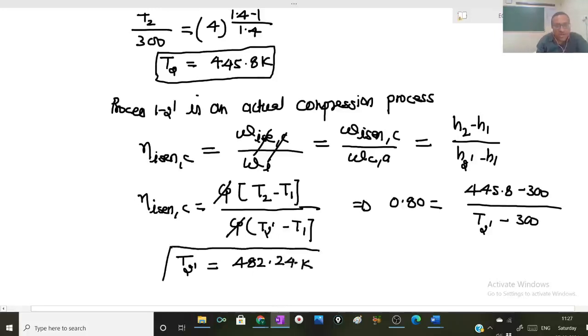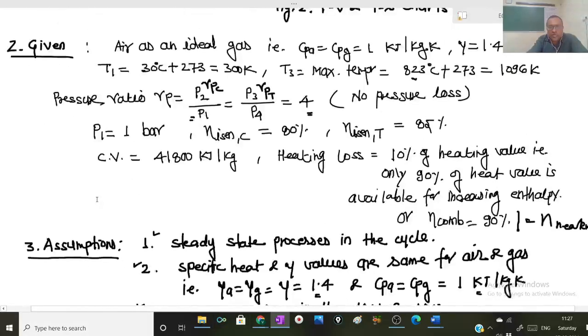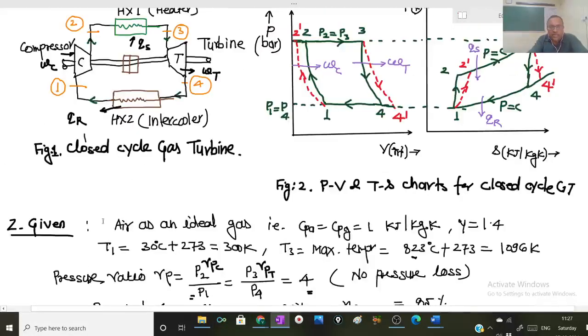So this is the required temperature after actual compression, and this is to be considered in the calculation. So now we have the temperature T1, we have the temperature T2 dash, and we have the temperature T3 as well, given in the problem. Now my aim is to get T4 dash.